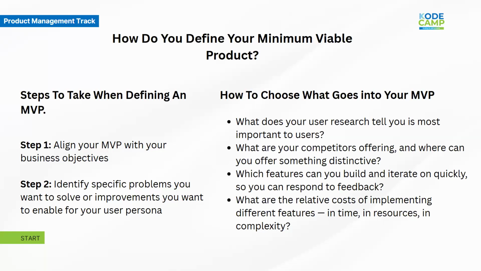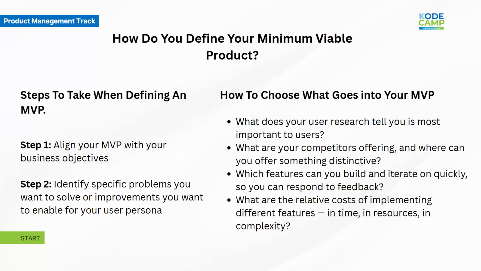You look at factors like, what does your user research tell you is most important to users, right? All the user research you have conducted, what is it telling you is most important to your users? What are your competitors offering? And where can you offer something distinctive, something that is different from what your competitors are offering?